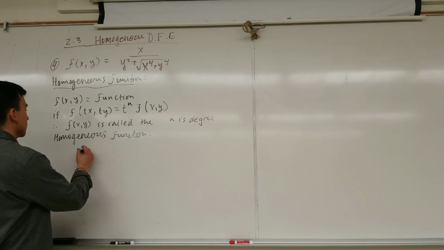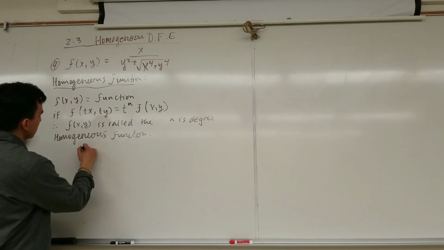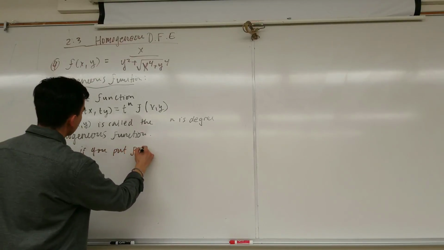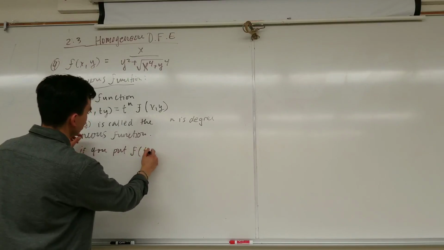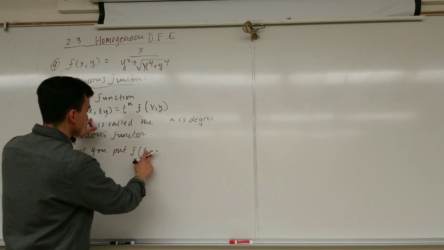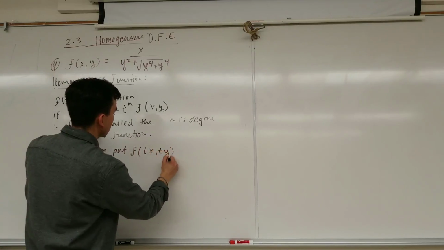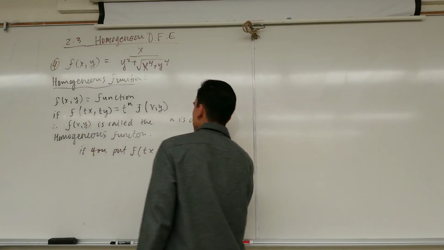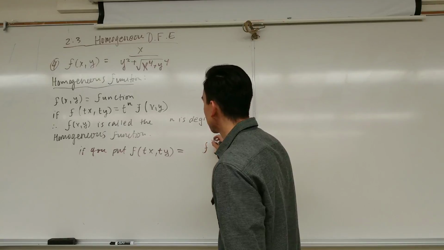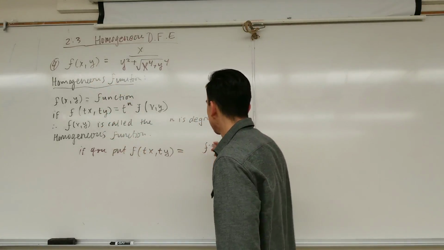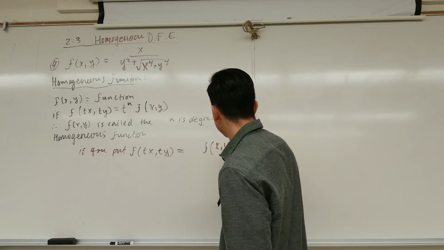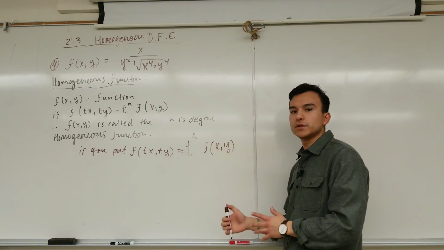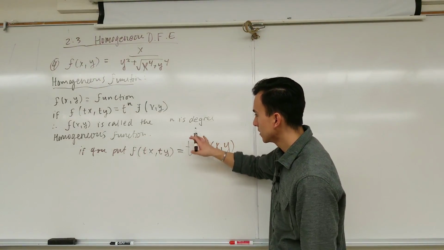So in words, basically if you put the t in your function, and then what you end up with is your function that you started off with, if you get this, then it's a homogeneous function at the degree of whatever degree you're left with.